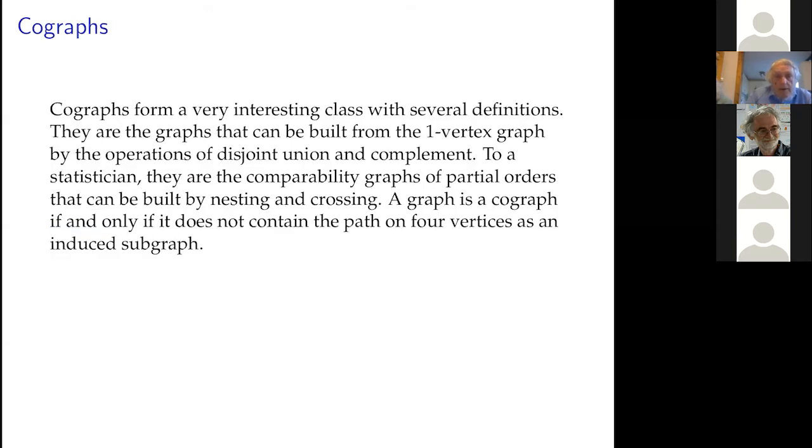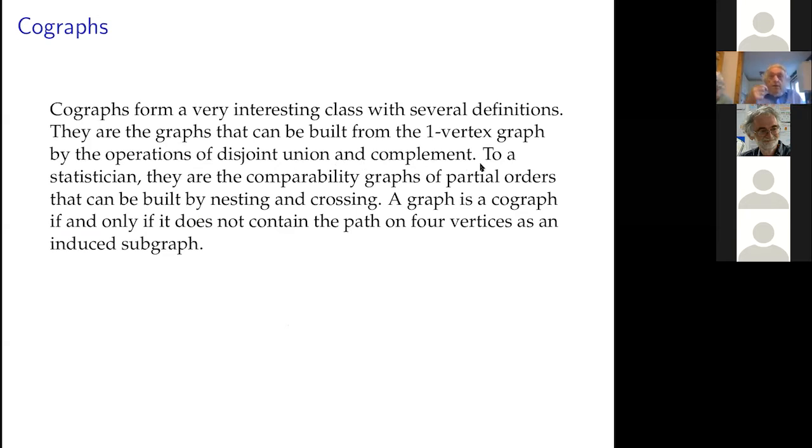And the final class is one of my favorite graph classes, cographs, as they're usually called now. I tend to call them N-free graphs. They're graphs that can be built from the one vertex graph by the operations of disjoint union and complement.